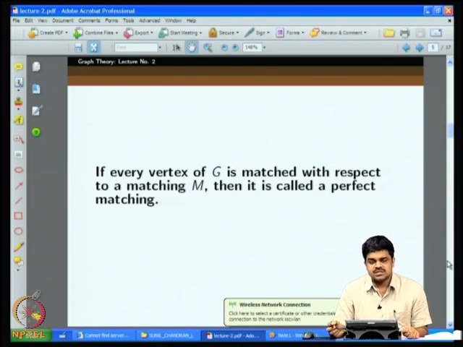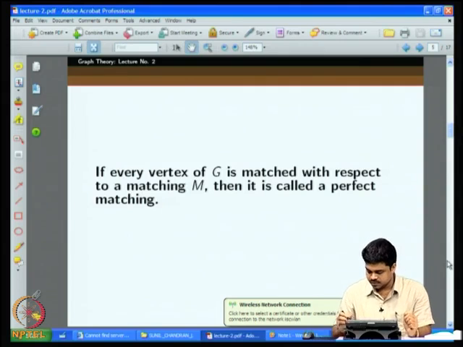In that case, it is easy to see that if there are n vertices in the graph, n has to be an even number, otherwise as we saw already, we cannot get a perfect matching. Then n by 2 edges will be there in the matching, because if every vertex is matched, only 2 vertices can go to one edge. So essentially in a perfect matching we should have n by 2 edges.